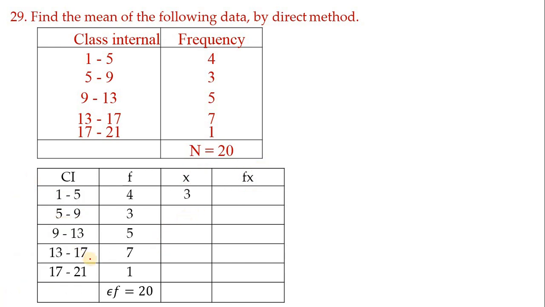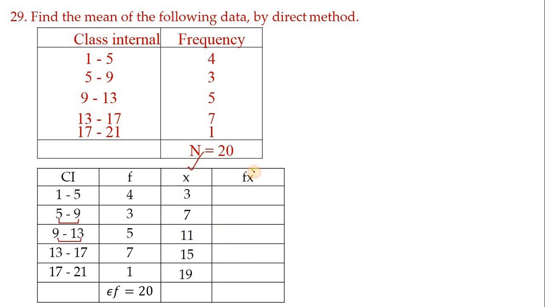Similarly for the second class interval, 5 add 9 will get 14. 14 by 2 is 7. Next for 9 to 13 we get 11, and 13 to 17, 15, and for 17 to 21 we get 19. This is a way of preparing the x column.